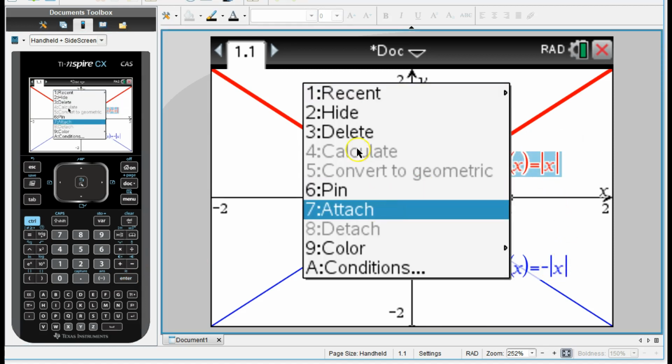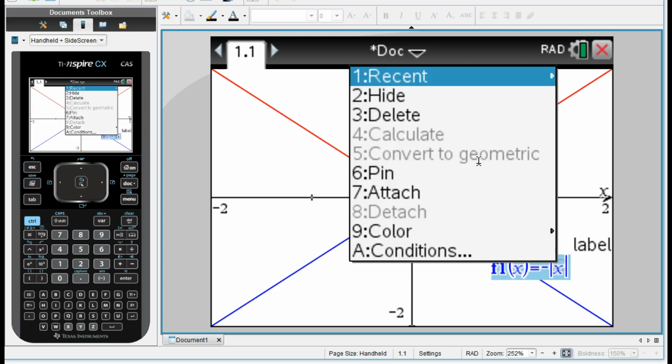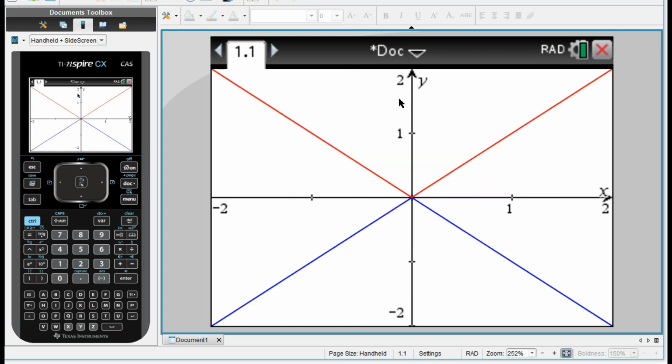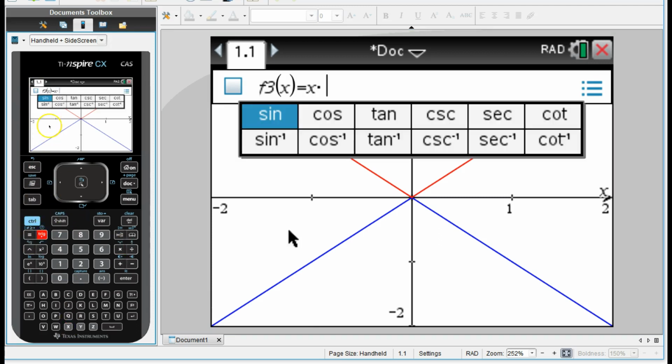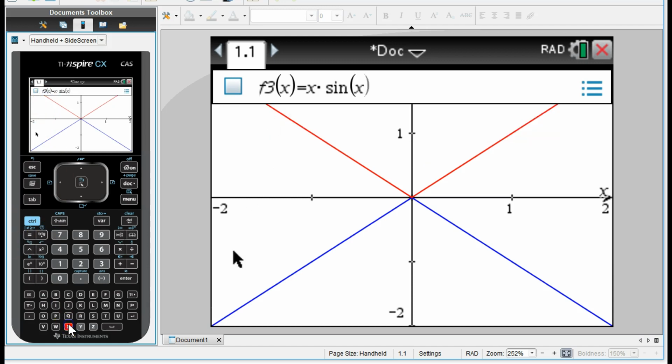Just going to hide those labels. Don't need to see those, they're not too helpful. So this graph's a little crazy. X times sine of 1 over x, if I could enter it correctly.